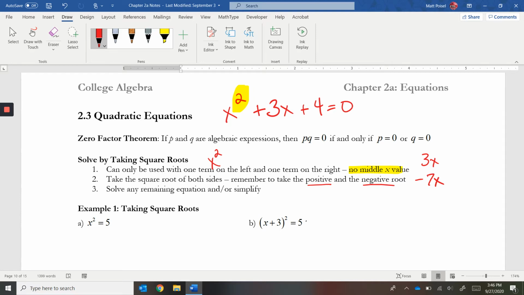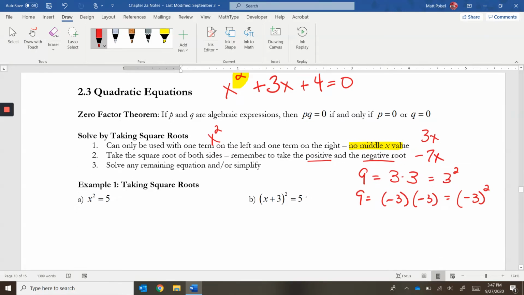If you remember when we watched our video last week about imaginary or complex numbers, we talked that 9 is equal to 3 times 3, which is 3 squared. But then 9 is also equal to negative 3 times negative 3, which we write as negative 3 squared. So when we take the square root of both sides, there's actually going to be 2 roots. Once you're done there, you're just going to solve the equation and simplify, and you'll be done.